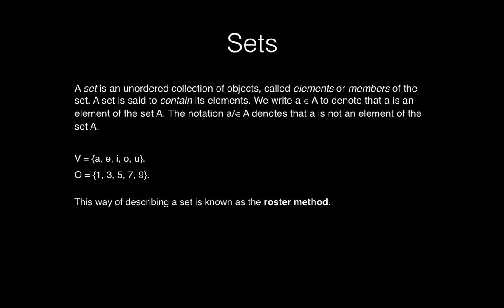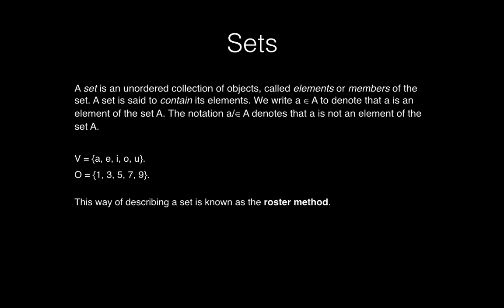We place an open curly brace, and then we write each individual element of the set, and then we separate them by inserting a comma, and then we close the curly brace. This form of describing a set is known as the roster method.